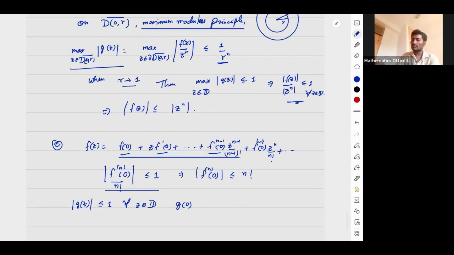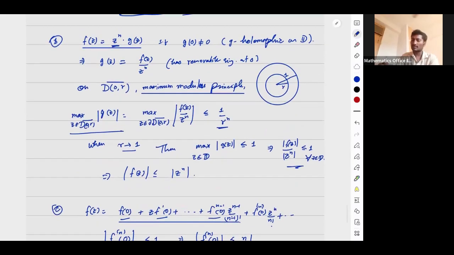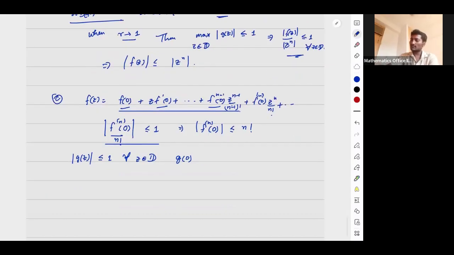We can calculate from the previous thing. So G(z) is what? F(z) by z to the power n. This was our G(z). And it is also f nth derivative at 0 by n factorial.